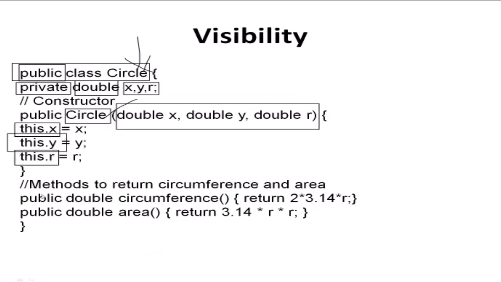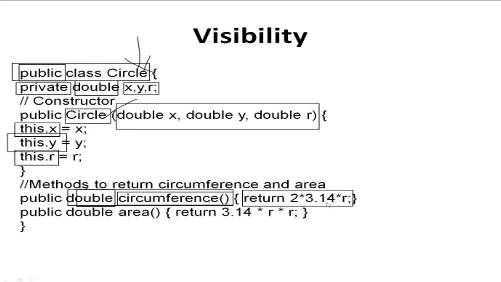Now here we have created a method, public double circumference. Circumference is a method, but the type is double. If it were void, it wouldn't need any return type, but since we have declared circumference as double, it needs to return a value. So here we are going to use 2 pi r.